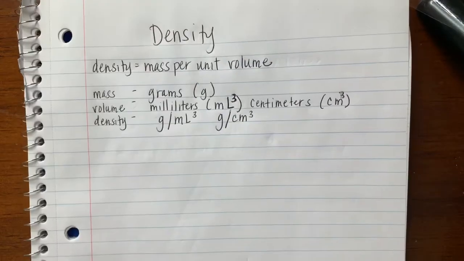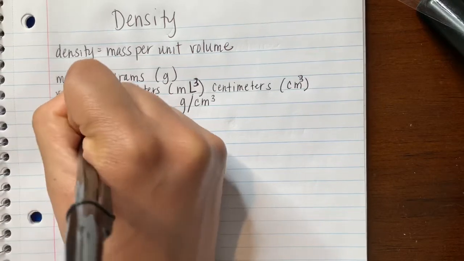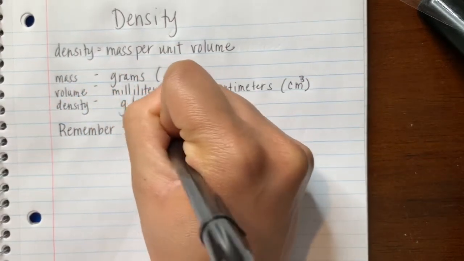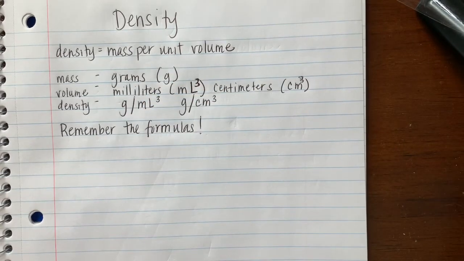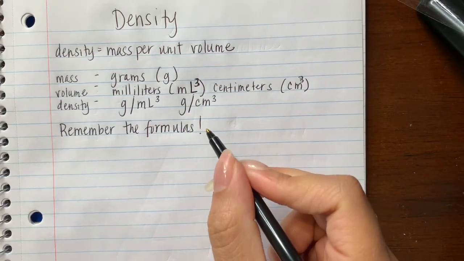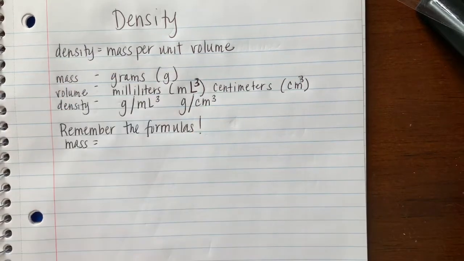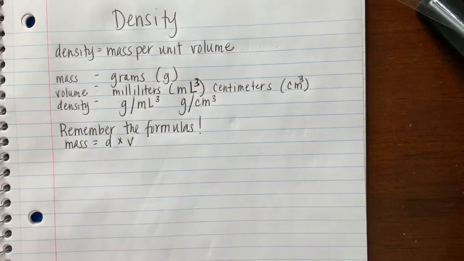Now, the main thing you want to do is remember the formulas. If your problem asks for you to solve for mass, mass equals density times volume.